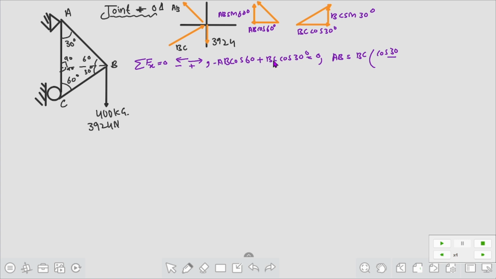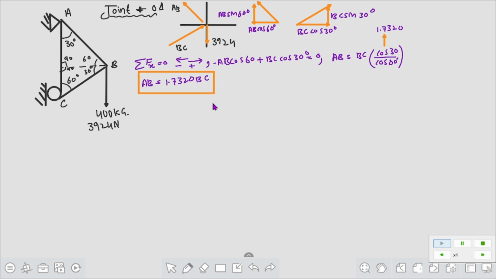If I push it to the right side of the equality, AB will become equal to BC cos 30 degrees divided by cos 60 degrees. If you calculate this on a calculator, it will become 1.7320. So AB will become equal to 1.7320 BC. Let's call this equation 1.